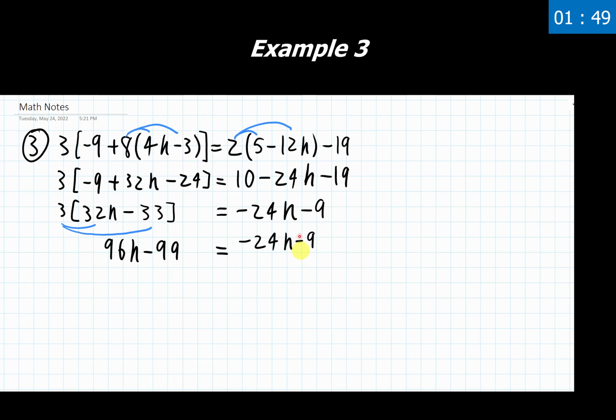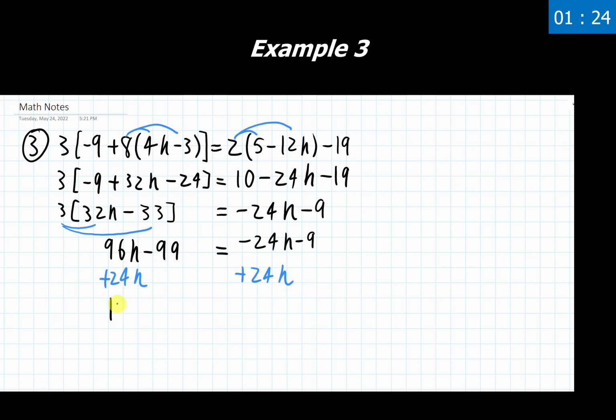Okay, fantastic. Let's go through and simplify this further. Or not simplify further, but let's start actually solving for our variable. So between 96h and negative 24h, I'm going to get rid of this minus 24h here because that's the lower number. So I'm going to add 24h to both sides.